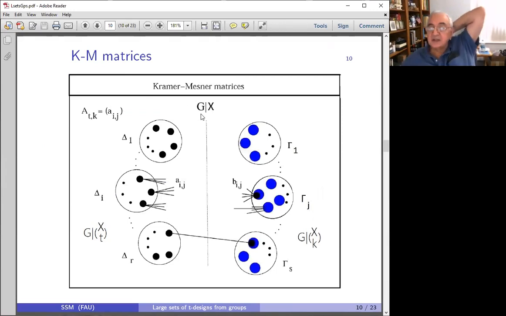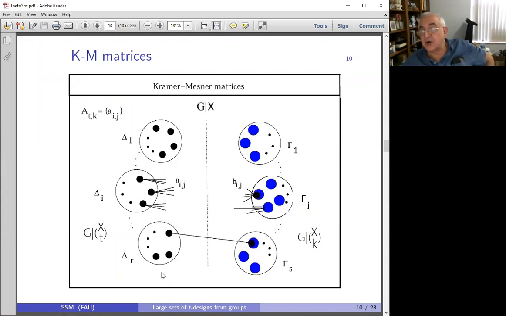If I look at the group action G acting on X, it induces an action on the T subsets and also an action on the K subsets. Assume K is bigger than T, let's say. These are the orbits, delta 1, delta 2, and so on, delta R, and gamma 1, gamma 2, gamma J, gamma S. You connect the T set to a K set if the T set is a subset of the K set.